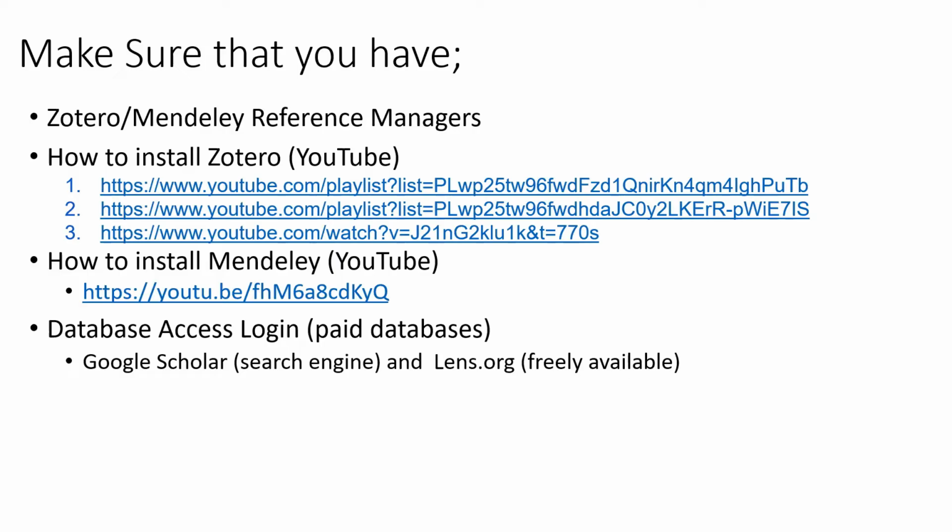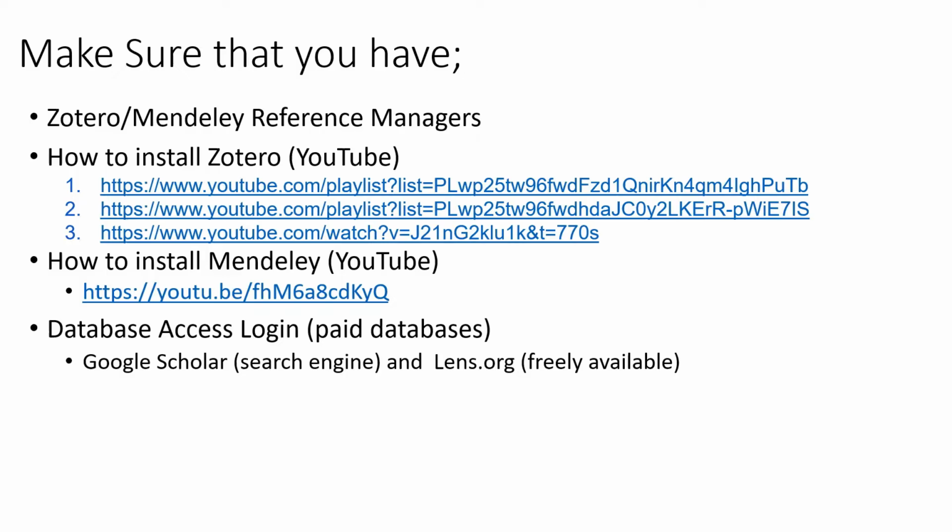But unfortunately, we don't have access to those databases. So we thought of doing this using another method. The best method, without the database access login, is using reference management software.